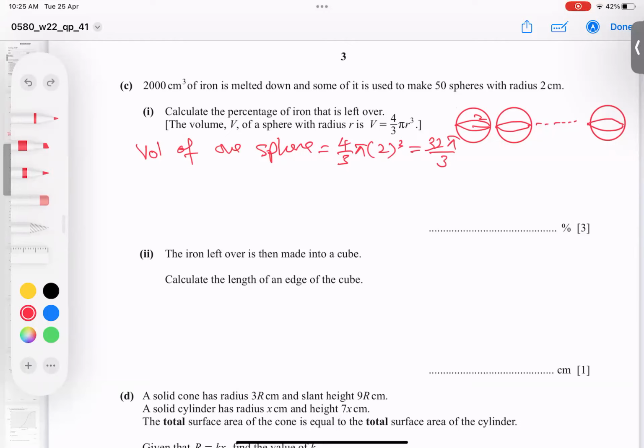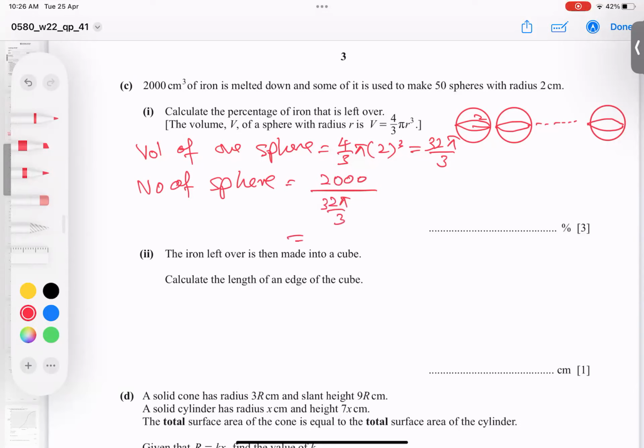Now the key thing is how to find it. For the 2000 centimeter cube, do one thing: divide, because whenever we need how many spheres, number of spheres, the total volume given by him, 2000, is divided by 32 pi by 3.